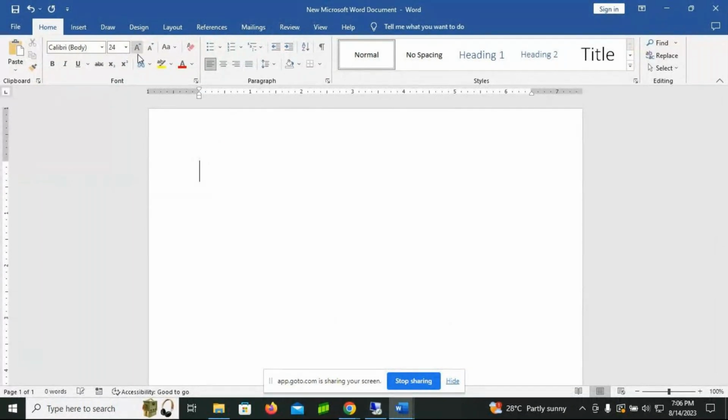Before we start with income statements, do you have any idea what a financial statement is? What is a financial statement?